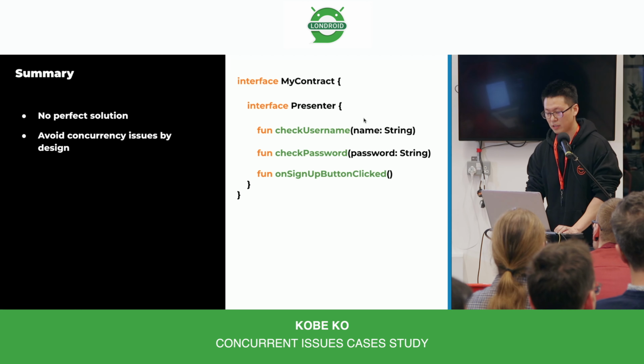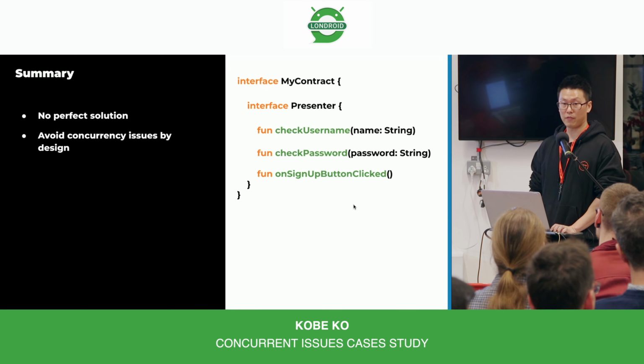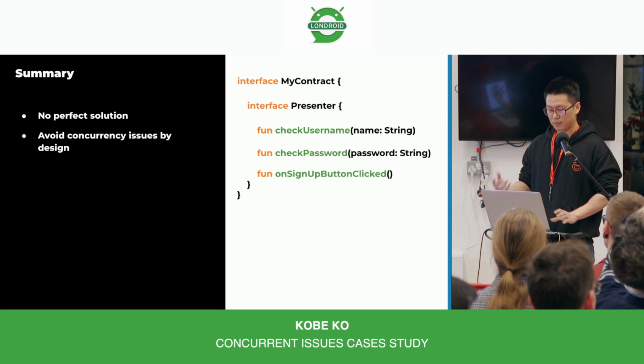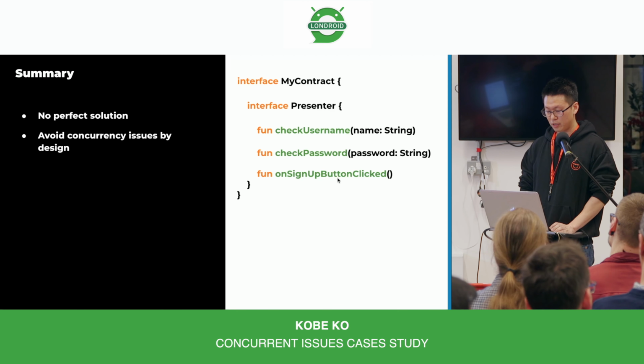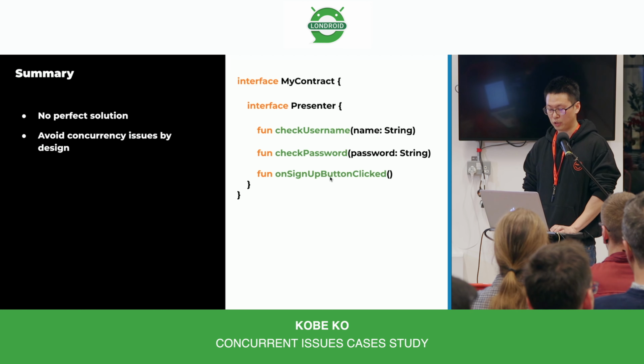When you look at this contract, you can sense that you might have a concurrency issue. I'm not saying you 100% have one, but you can sense that it's possible. Why? Because you need to cache the username and password. Otherwise, when people tap the sign up button, how do you get that information?